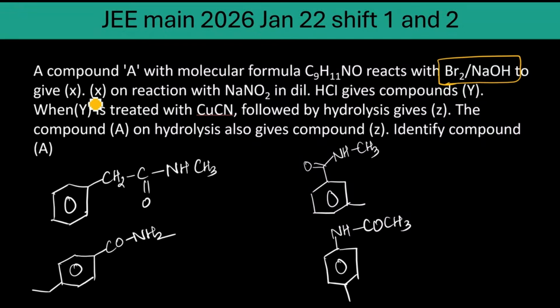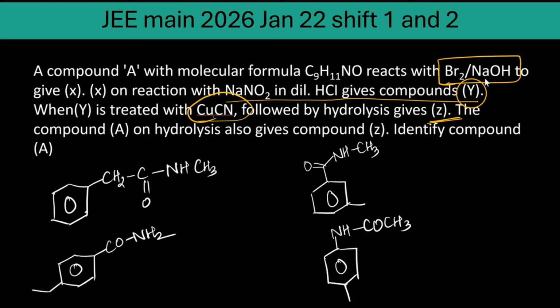To give X, which on treatment with NaNO2 and dilute HCl gives compound Y. Y treated with copper cyanide followed by hydrolysis gives Z. The compound A on hydrolysis also gives compound Z. So Z must be a carboxylic acid, because cyanide has been formed and it is forming a carboxylic acid. From there we can go in reverse. Hofmann bromamide degradation, correct?